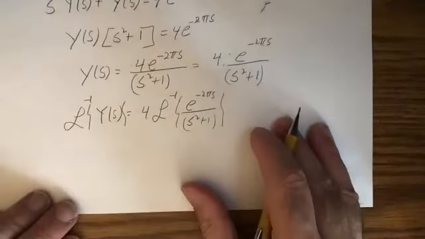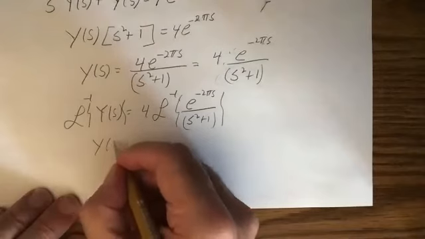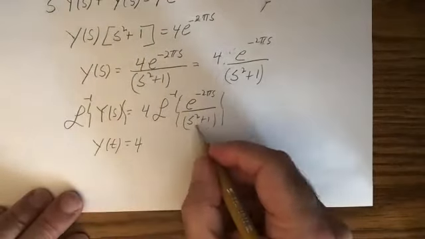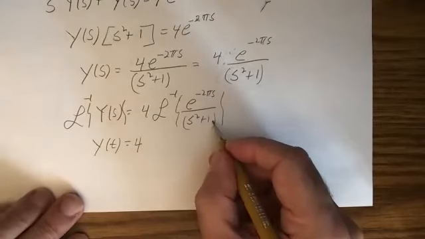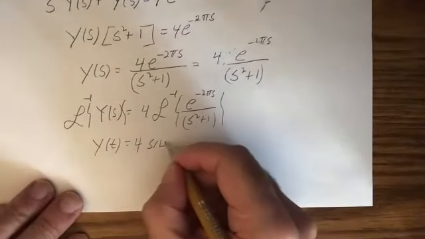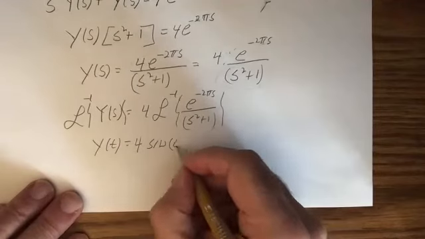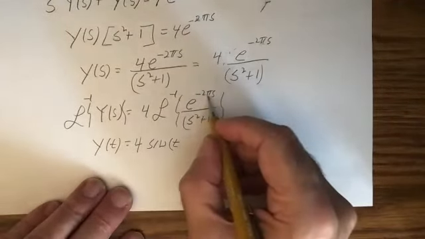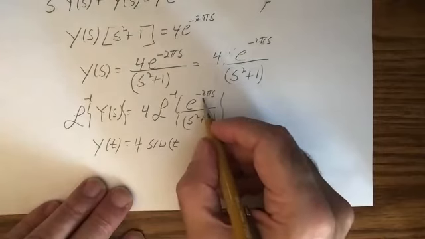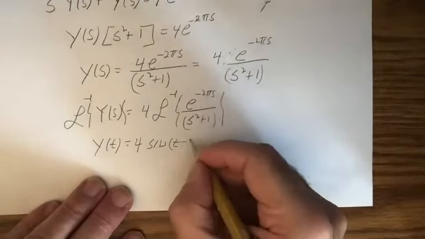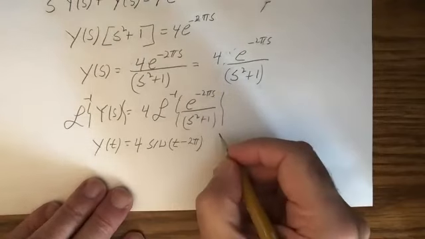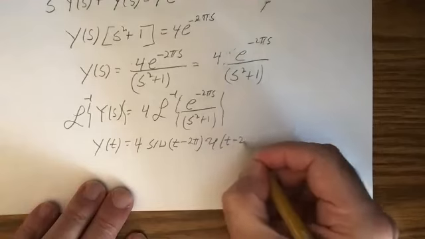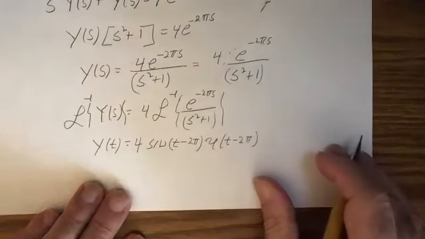Okay, so this just becomes y at t, and I take the inverse, and this becomes 4 times sine of t. However, the t is shifted because I've got this exponential, and I've got to put down the unit step function. Don't forget the unit step function.